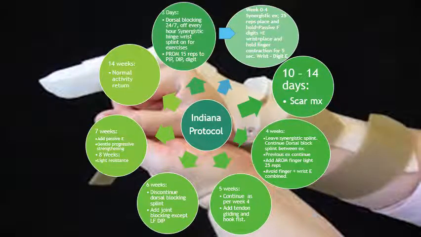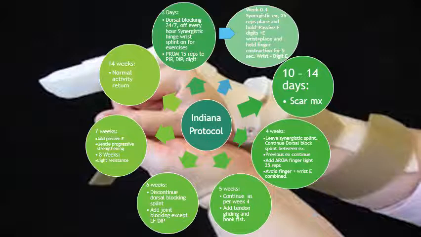The Indiana protocol will now be discussed. At day 3, a dorsal blocking splint will be fabricated with the wrist in 20 degrees of flexion, MPJs in 50 degrees of flexion, and IPJs fully extended.